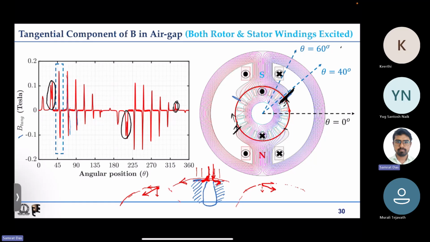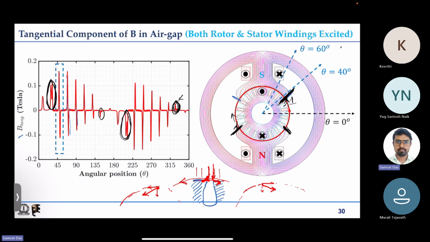Because the flux density itself is weaker on the right hand side edge, on the bottom pole, whereas the flux density itself is quite strong on the left hand side. That is why whatever positive spike you are having is quite strong compared to whatever negative spike is there on the other side. Similar thing, you can look at the two edges of the stator top pole. The first edge is a stronger one and it is positive, and it is a weaker one on the other edge of the stator pole.